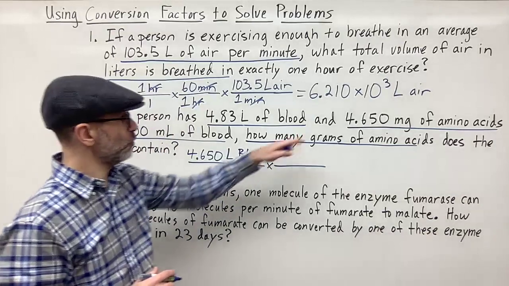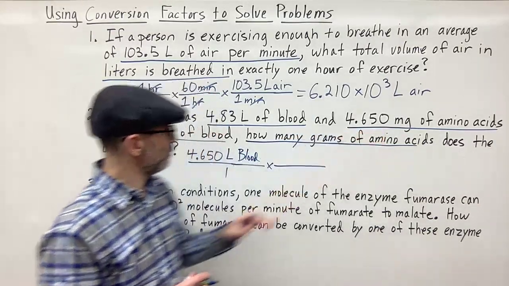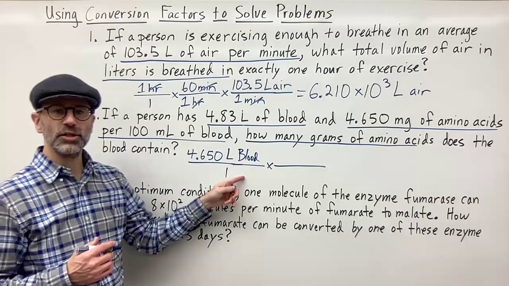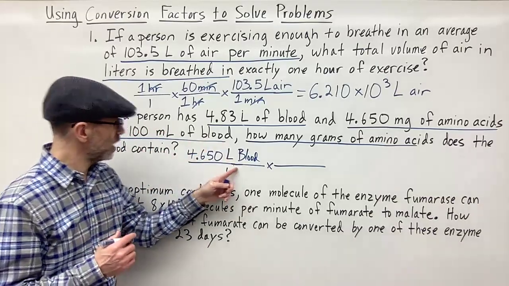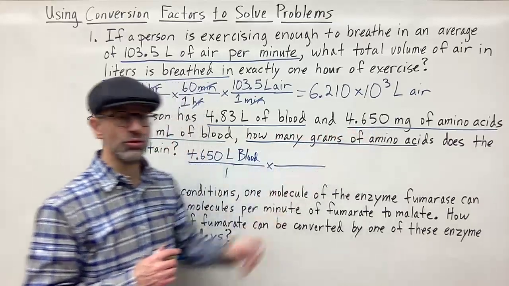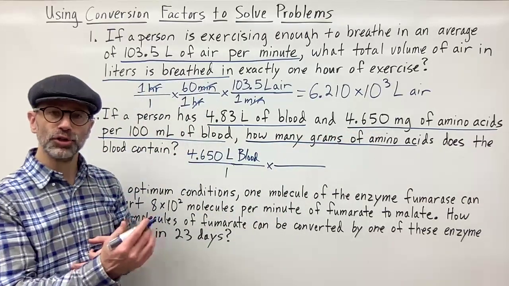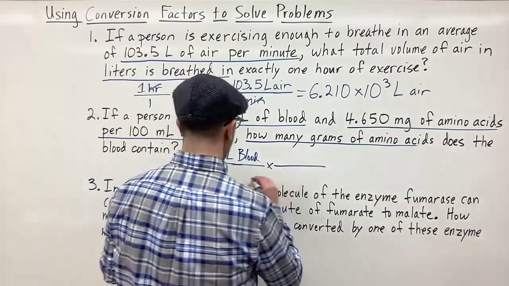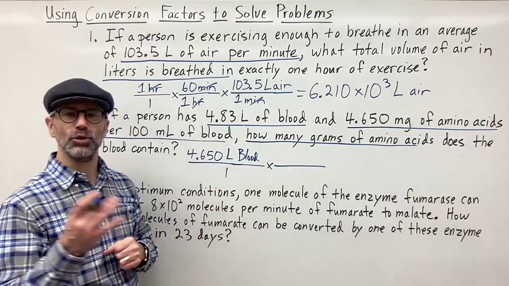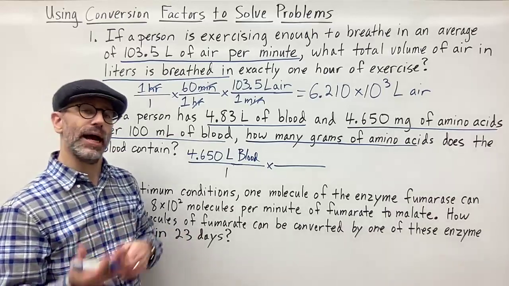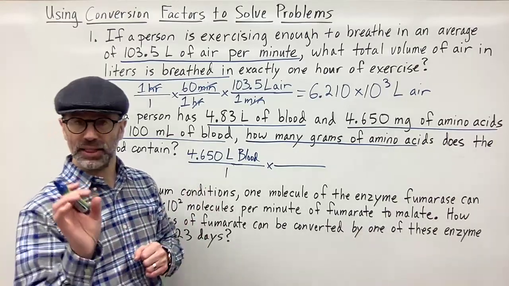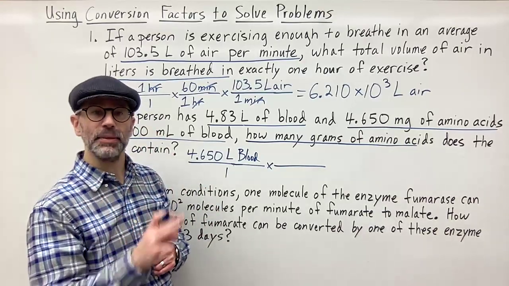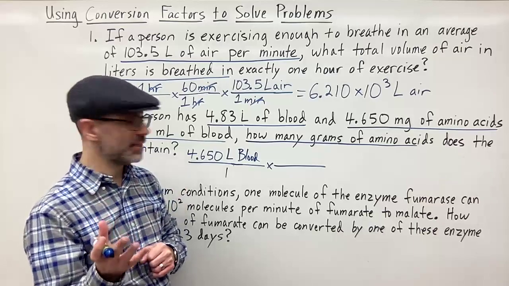Now here we have milligrams of amino acids related to 100 milliliters of blood. We have milliliters, but we have liters. So if I could convert this to milliliters, then I can use this relationship as a conversion factor. I know that milli is 1/1000th, right? So 1 milligram is the same as 1/1000th of a gram, or 10 to the negative 3 grams.